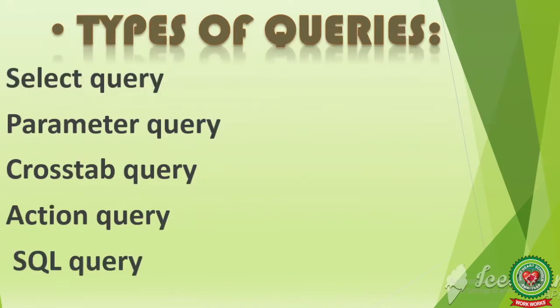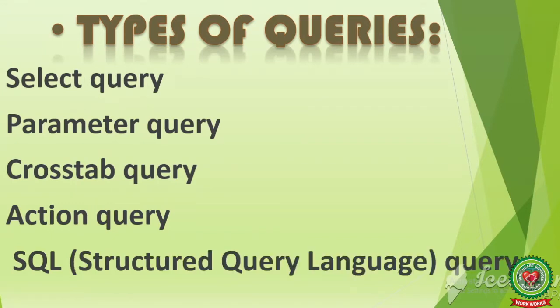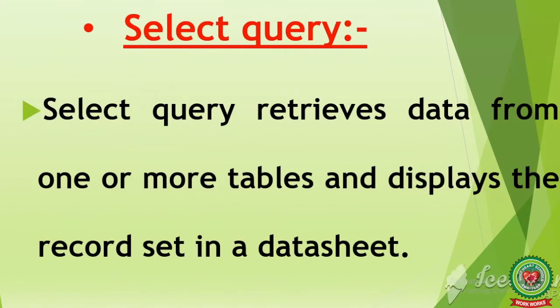Microsoft Access provides various types of queries: select query, parameter query, cross-tab query, action query, and SQL query. Here, SQL stands for Structured Query Language. Now, first is the select query.